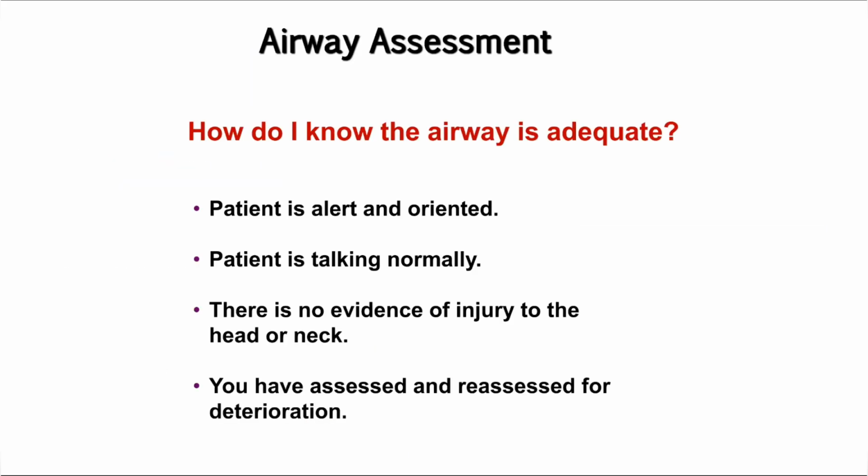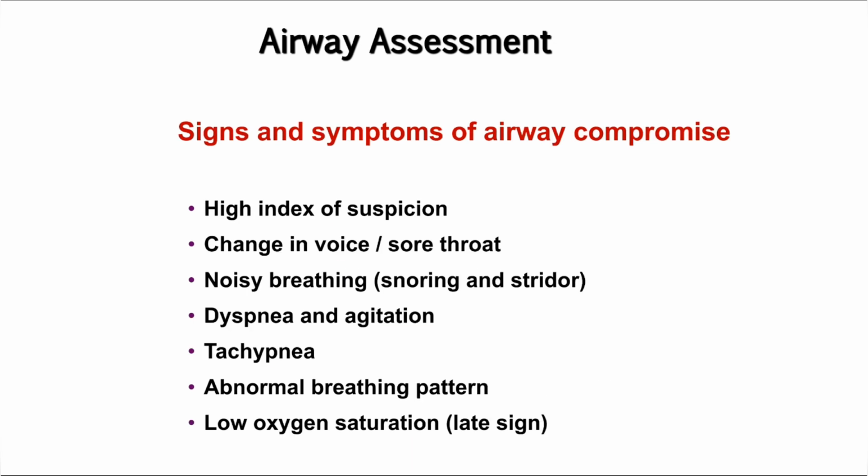How do I know that an airway is adequate? If the patient is talking, alert and oriented, so talking normally, there is no evidence of injury around the head and neck, you have assessed the patient for deterioration, so you say this airway is good. How do I know that an airway is not good? Or what are the signs and symptoms of airway compromise? You have to suspect it, have high index of suspicion.